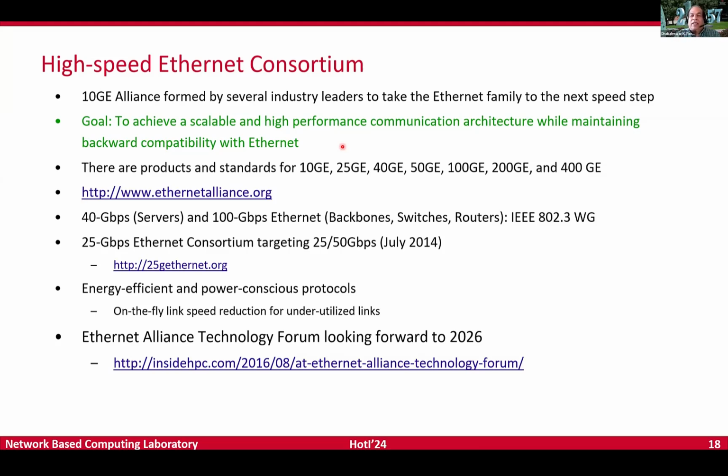By that time the IO interface technology had evolved so that at least an intermediate 40 gigabit Ethernet could be introduced. So instead of jumping from 10 gigi to 100 gigi, an intermediate technology called 40 gigi was introduced, very similar to InfiniBand QDR.